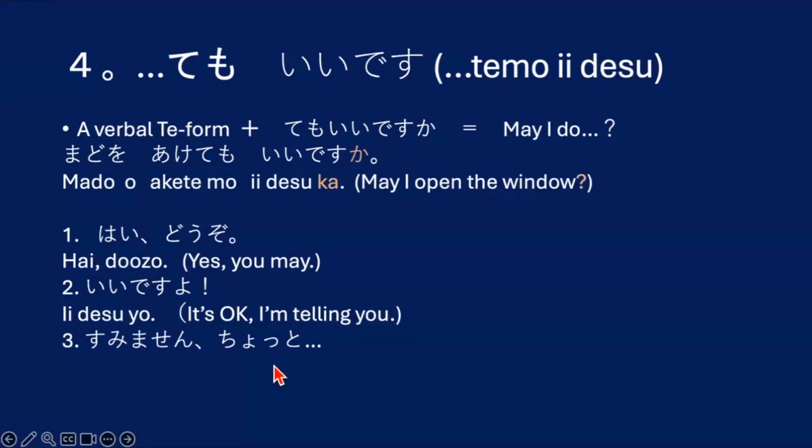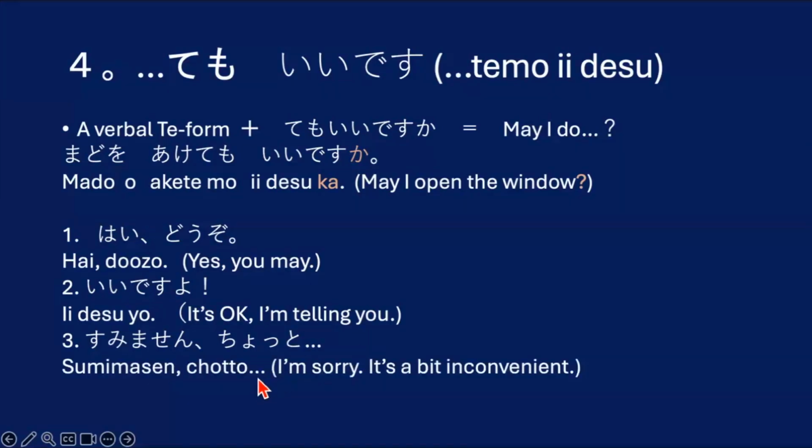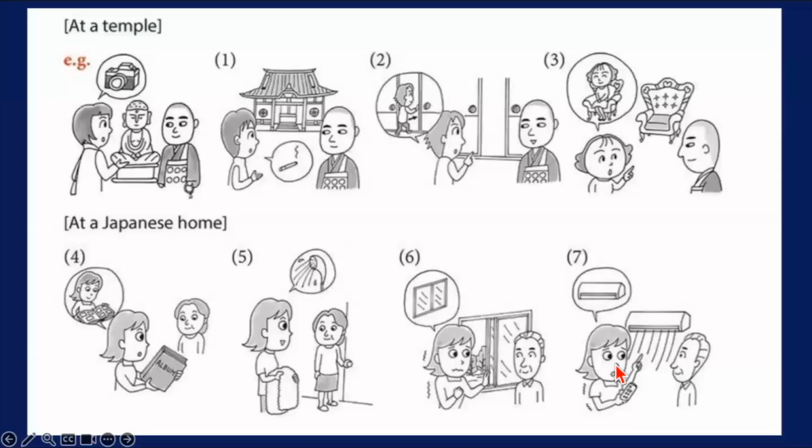If you don't want someone to do something, then you could say, すみません。ちょっと. So I'm sorry, I can't give you permission. It's maybe a little bit inconvenient. So these are the ways you can say yes, はい、どうぞ, いいですよ, or no, I'd rather you did not. すみません、ちょっと. In any case, these are very polite, so you can use these.